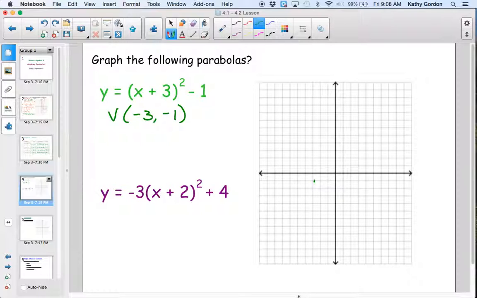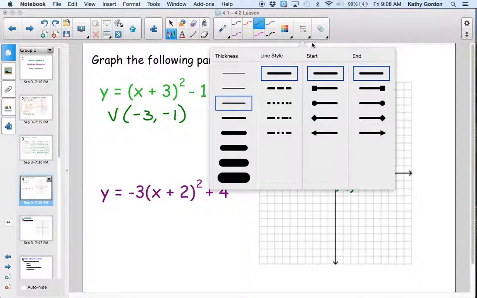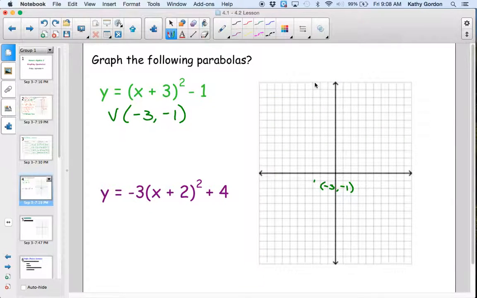But even though it's a different form of the equation, the process for graphing is not any different. We still have to have 5 points. We still have to label our vertex, -3, -1. We still have to label the axis of symmetry. Ooh, that got really bad there, didn't it?